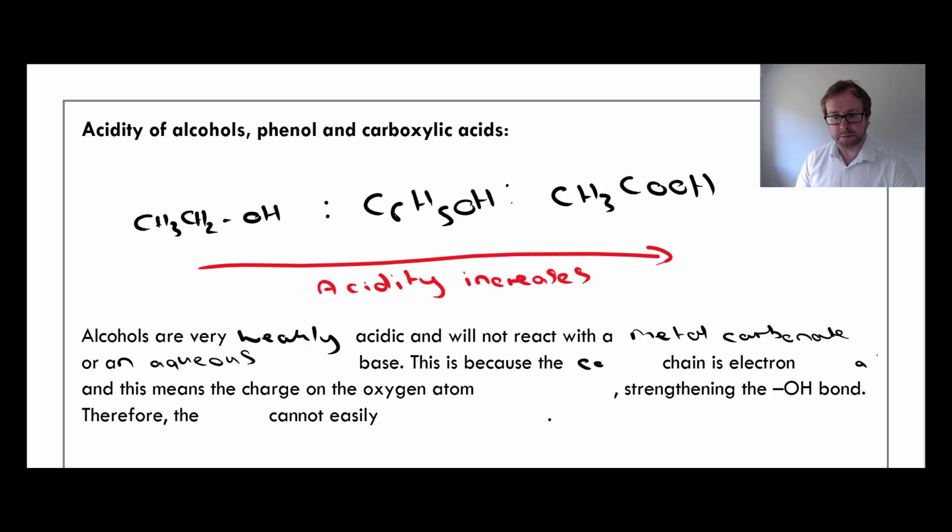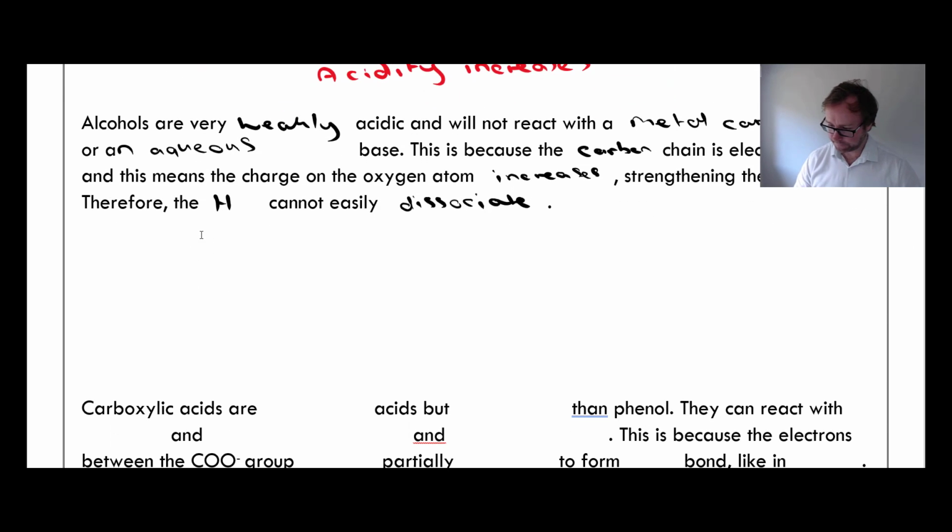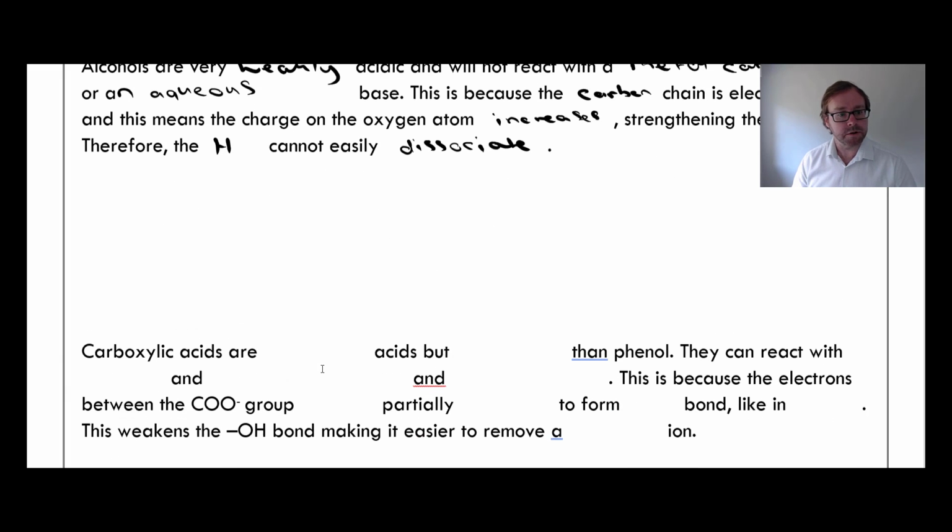This is because the carbon chain is electron releasing, and this means the charge on the oxygen atom increases, strengthening the OH bond. Therefore the H cannot easily dissociate. Okay, so we'll leave this gap here. I'm going to come back to drawing something here, but we'll talk about carboxylic acids.